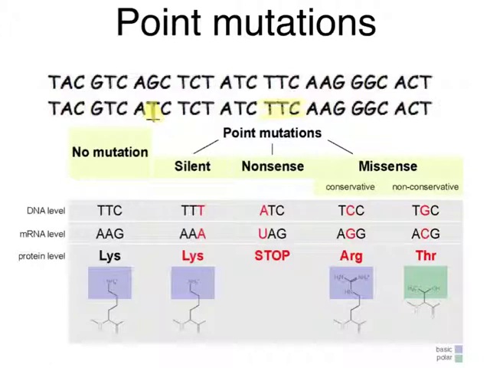Then we have the last one, which is called a missense mutation, which is where one change causes a change in the amino acid type. So we have a silent mutation where the amino acid stays the same, a nonsense mutation where the amino acid turns into a stop, and a missense mutation where the amino acid changes.